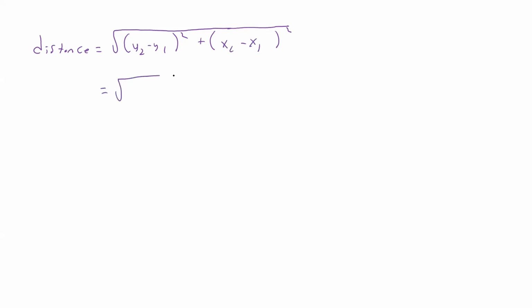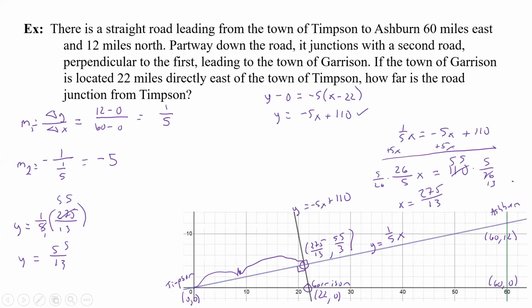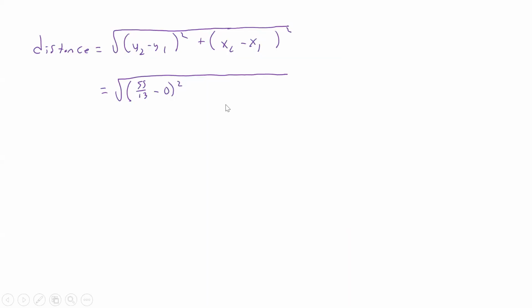If we plug in our values, y2 is 55 over 13, minus 0 squared, because our origin is 0, and that's what we're looking for. And the other one is plus 275 over 13 minus 0 squared.